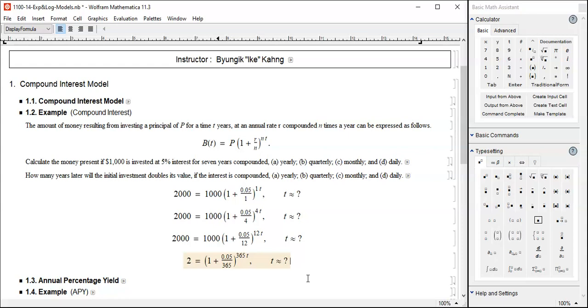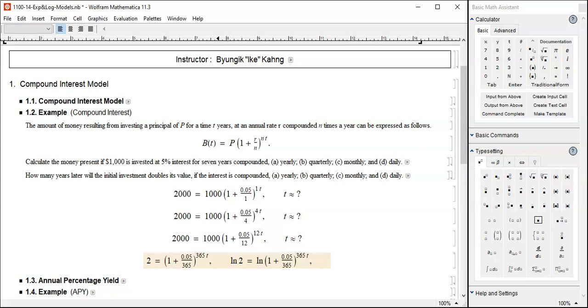But here, natural logarithms only. So what am I going to do? I'm going to take the natural log of both sides, and then the log of this quantity. Does it make sense? I took the log of both sides.